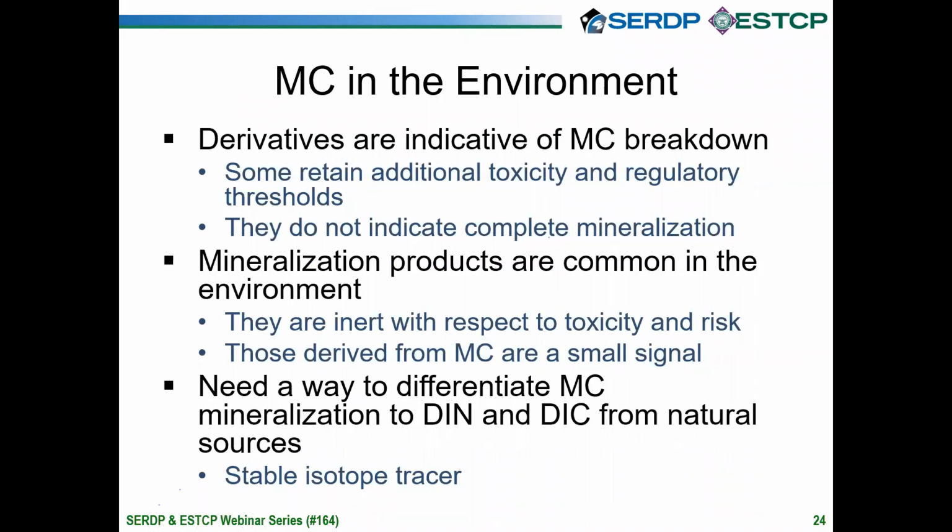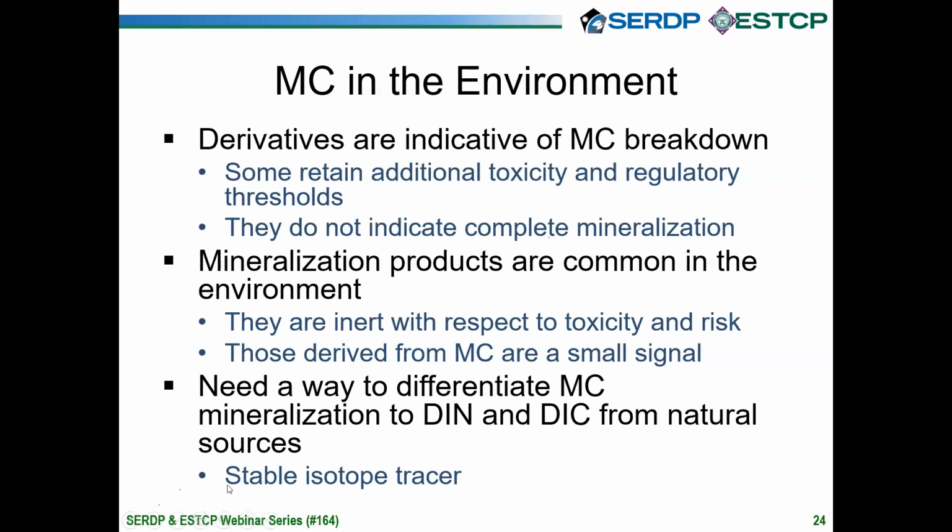Okay, so the rub here is that these DIN and DIC products are ubiquitous in the environment. So being able to specifically quantify the amount of DIC or DOC that is uniquely derived from the mineralization of munitions constituents is a very small signal against a very large background of noise.